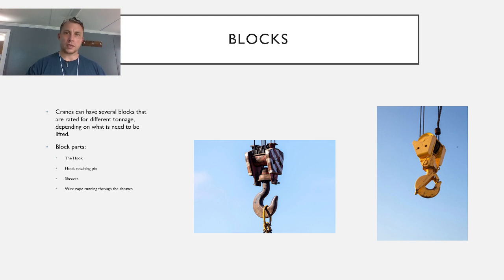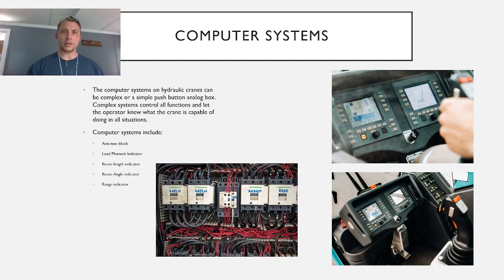The sheaves on the block are very important because they allow it to rotate smoothly around the block without causing any issues. And you want it to run smoothly so that you're not jerking and making weird movements as you're lifting loads.